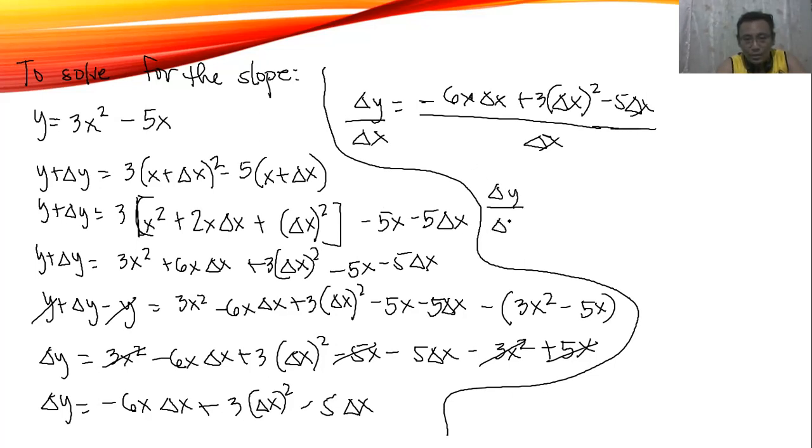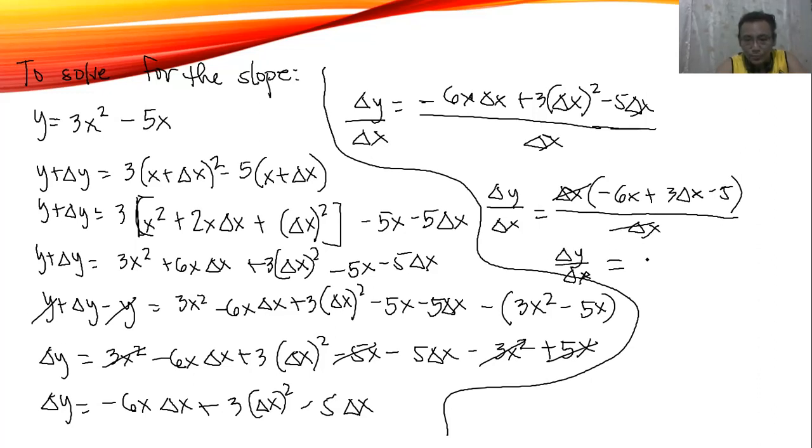So we have delta y over delta x is equal to delta x multiplied by 6x plus 3 delta x minus 5, over delta x. So cancel. Delta y over delta x is equal to 6x plus 3 delta x minus 5.